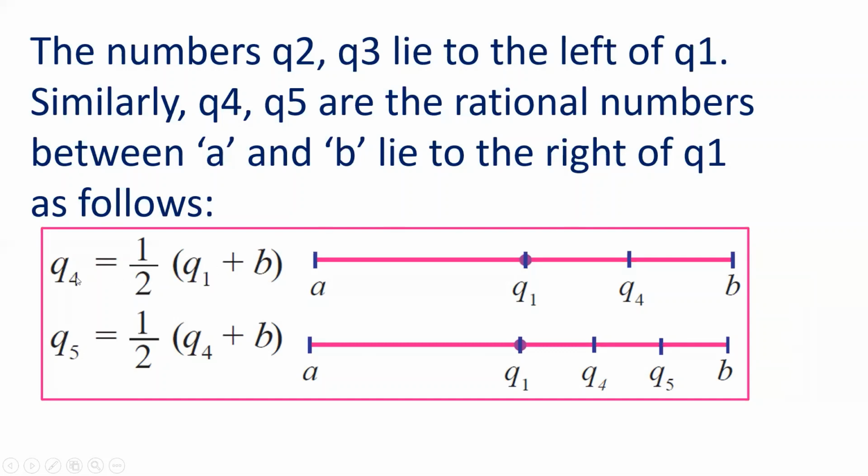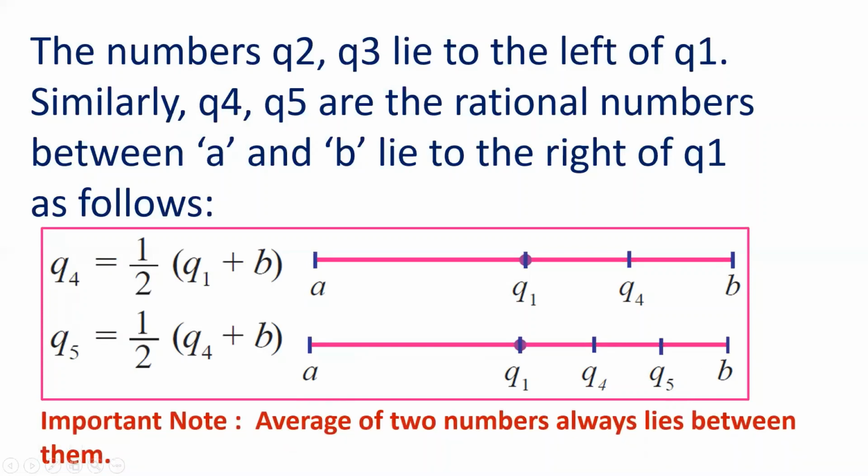Then we can find them by summing up q1 with b and dividing by 2, or summing up q4 and b and dividing by 2. So here again q1, q4 and q5 are numbers lying between a and b. As I said, the average of two numbers always lies between the given two numbers.